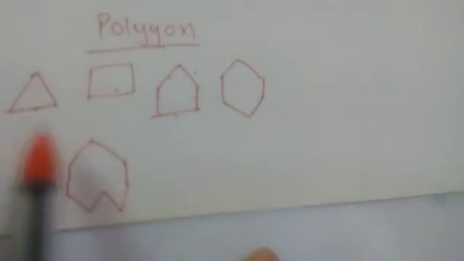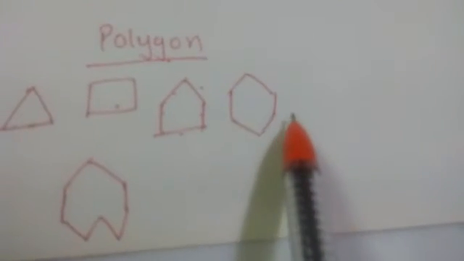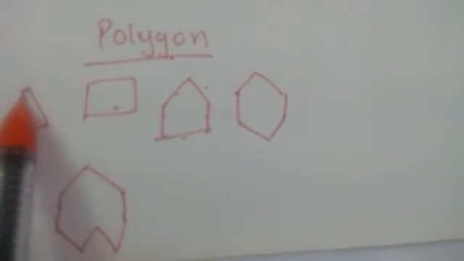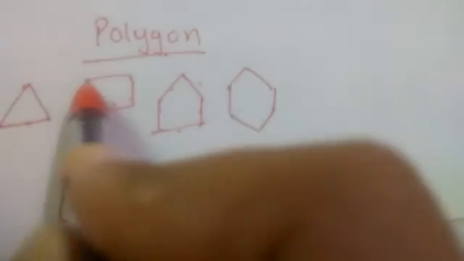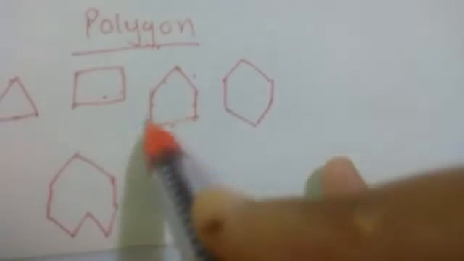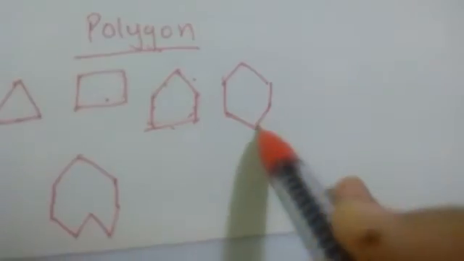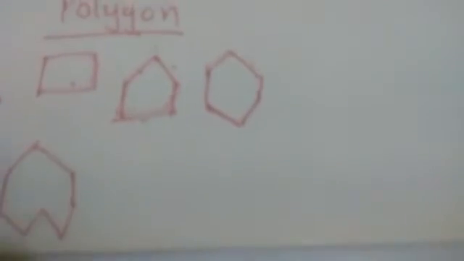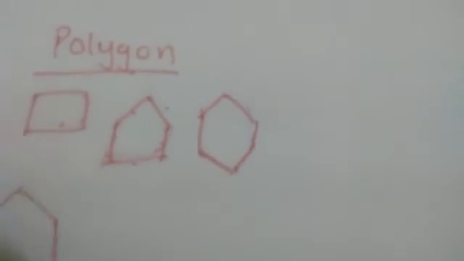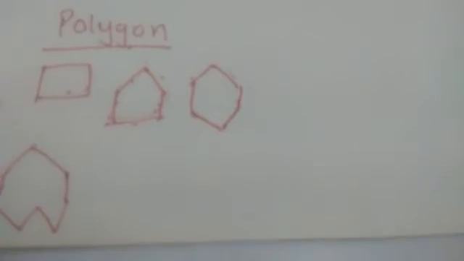But that figure should be closed. Here you can see all these figures are closed. In all these figures the starting and ending point are same. So that means these all figures are closed. Any closed figure having three or more than three sides, that figure is known as a polygon.